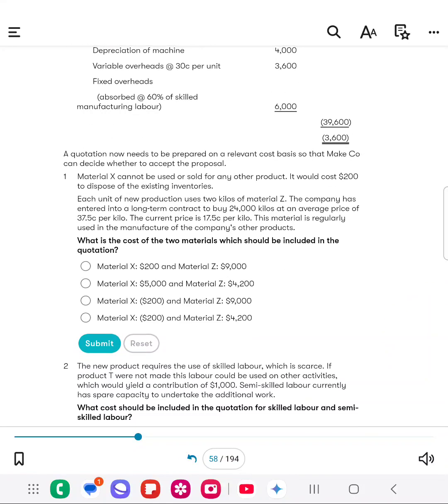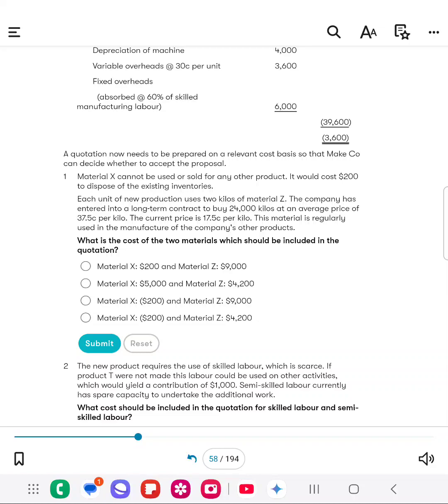So over here it is asking: a quotation now needs to be prepared on a relevant cost basis so that Make company can decide whether to accept the proposal. Material X cannot be used or sold for any other product. It would cost 200 to dispose of the existing inventory. Each unit of production uses 2 kilos of material Z. The company has entered into a long-term contract to buy 24,000 kilos at an average price of 37.5 cents per kilo.